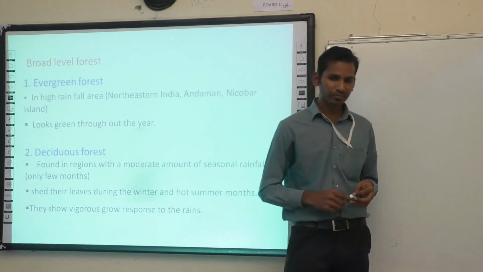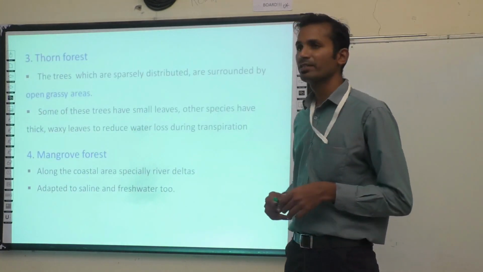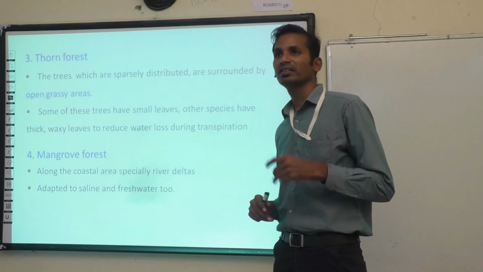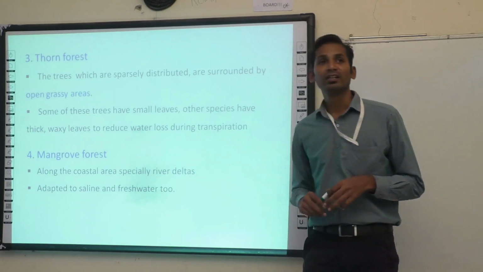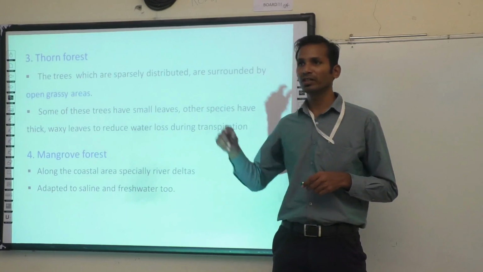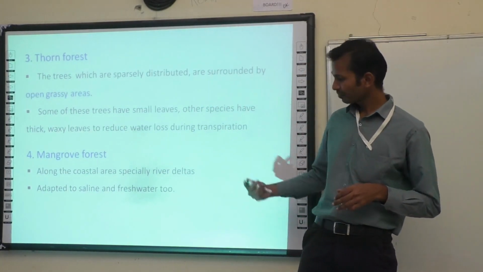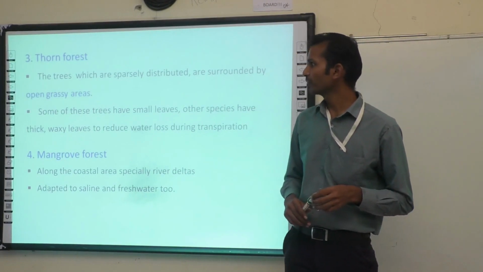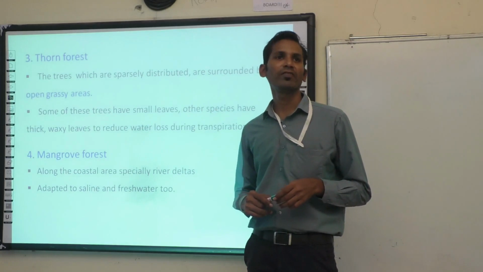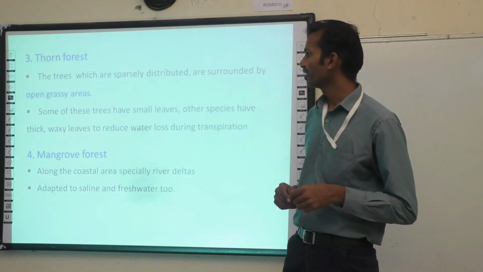Next one is thorn forest. Thorn forests are sparsely distributed, and you will find them in desert areas, where the temperature is very high compared to the evergreen, mangrove and deciduous forest areas. Here the rainfall will be very less, below 30 to 40 centimeters per annum.